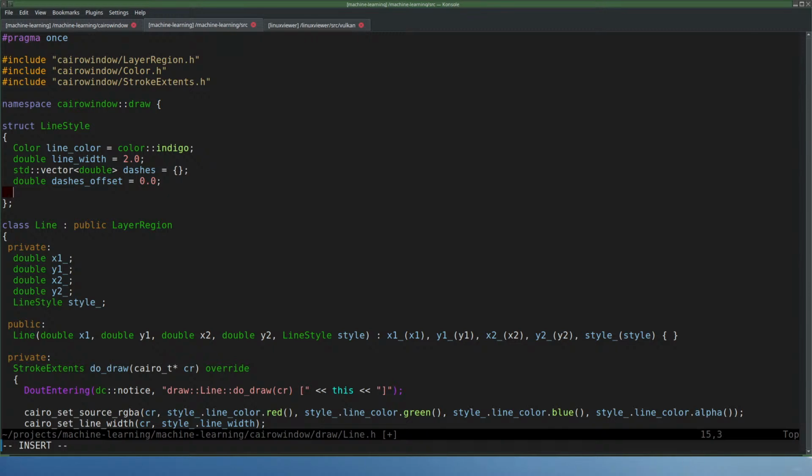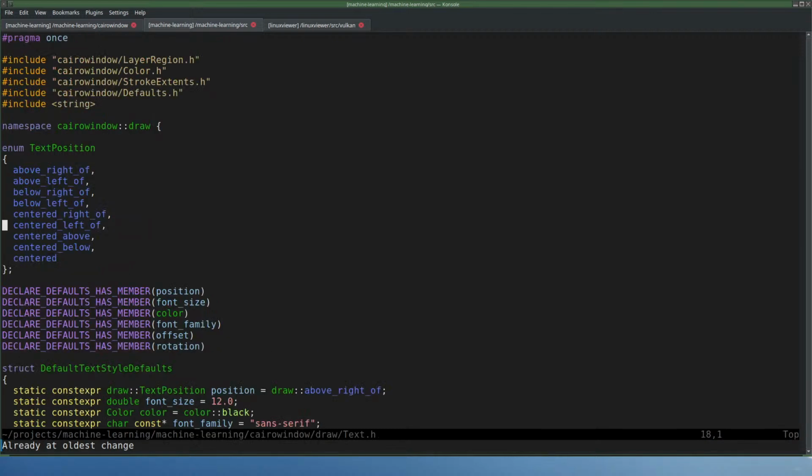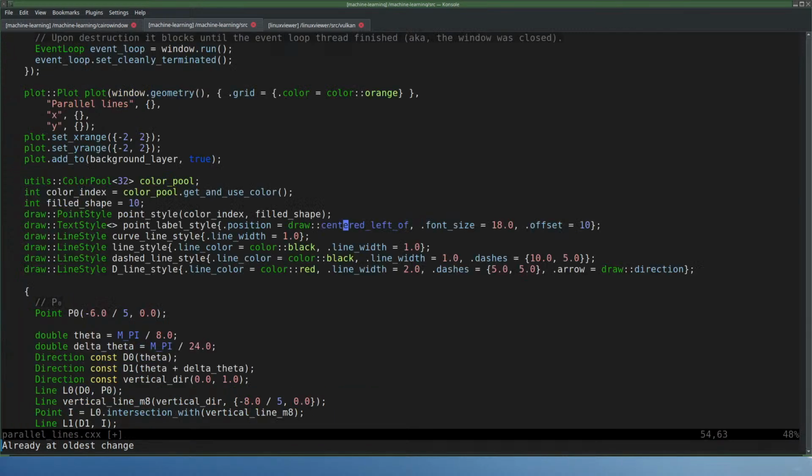Think of a type. I had other types, enum types, which I instantly forgot. Like this one. Center left off. It's a text position. So boring. Boring enum name.